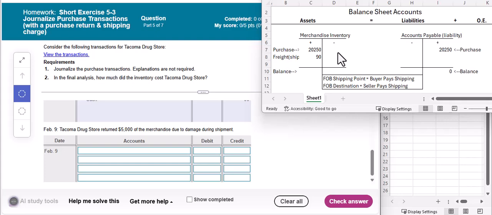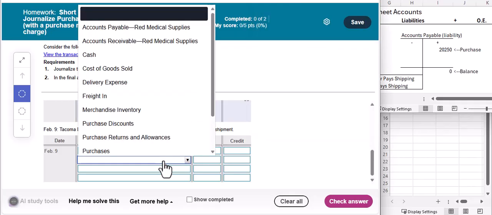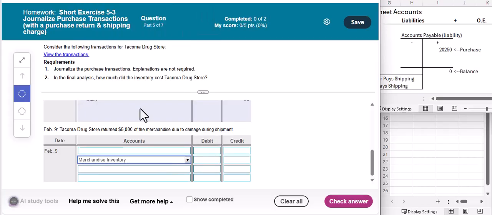So let me switch to our scratch paper here. So we're going to reduce by 5,000 for the merchandise inventory with a credit. And then because this is a credit, I'm going to go ahead and enter that in on the second line here as credits after debits. So that is going to be merchandise inventory with a credit of 5,000.